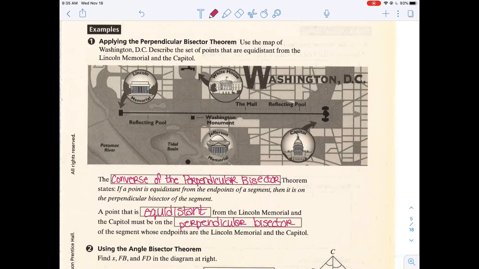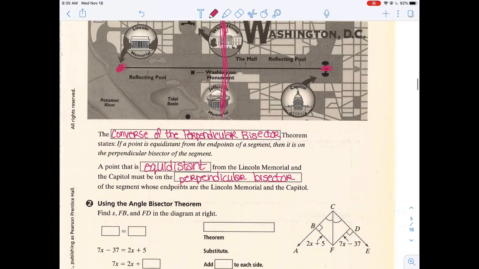So this one is saying that we know these 2 points are equidistant. What does that show? That shows that they're on the perpendicular bisector. So any points that are equidistant from the Lincoln Memorial right here and the Capitol are on the perpendicular bisector, so like somewhere in here. Those would all be equidistant.